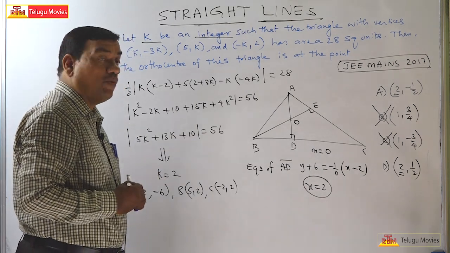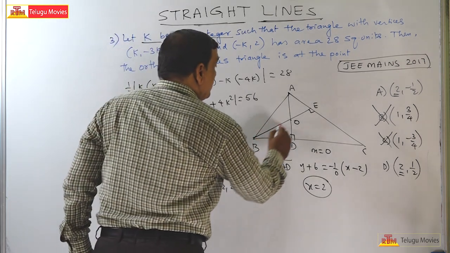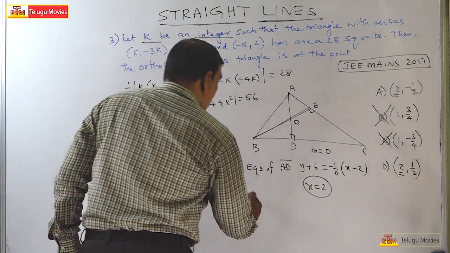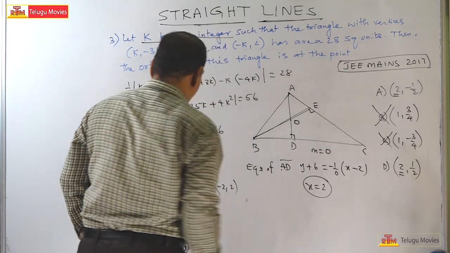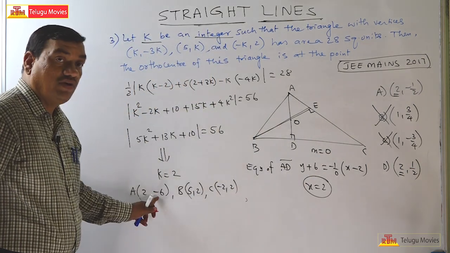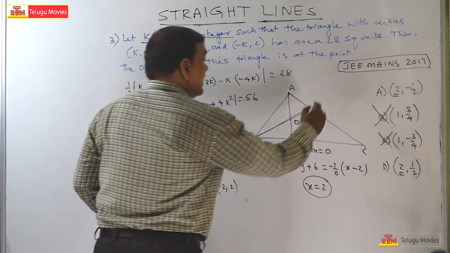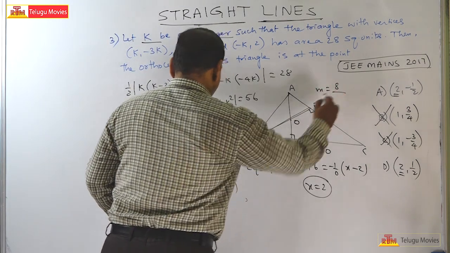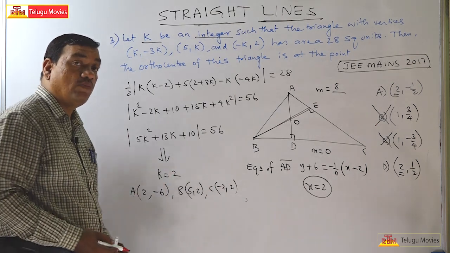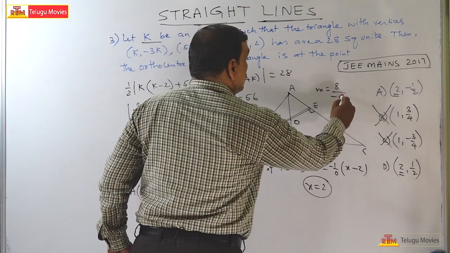Find the equation of BE. To find the equation of BE, what is the slope of AC? Slope of AC is y2 minus y1 by x2 minus x1, so 2 plus 6, 8, by minus 2 minus 2, minus 4.